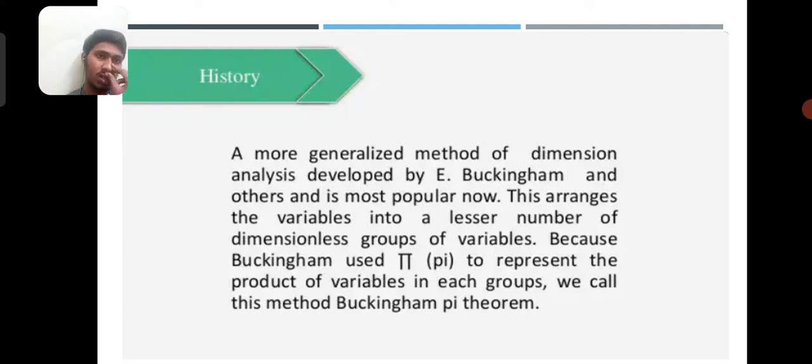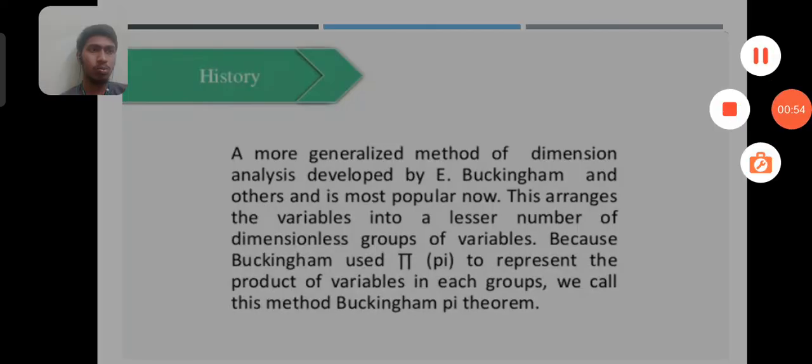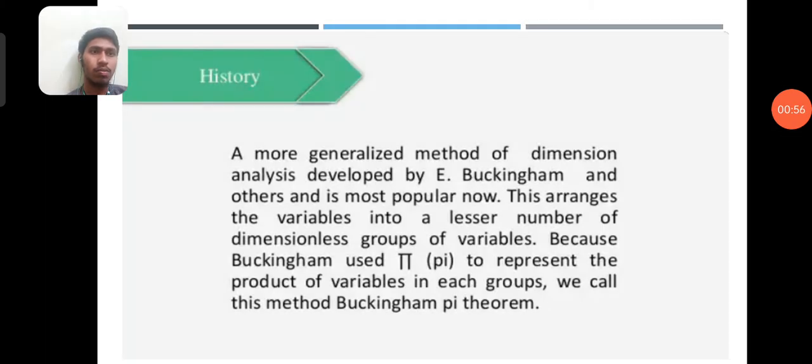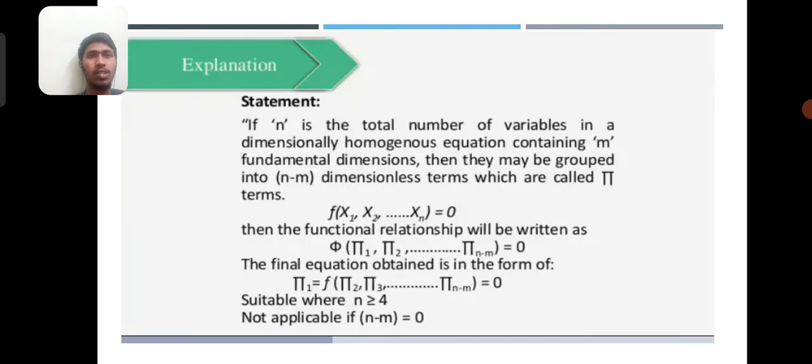This method arranges the variables into a lesser number of dimensionless groups of variables. Buckingham used pi to represent the product of the variables in each group. This method is known as the Buckingham pi method, which we can explain by a statement.